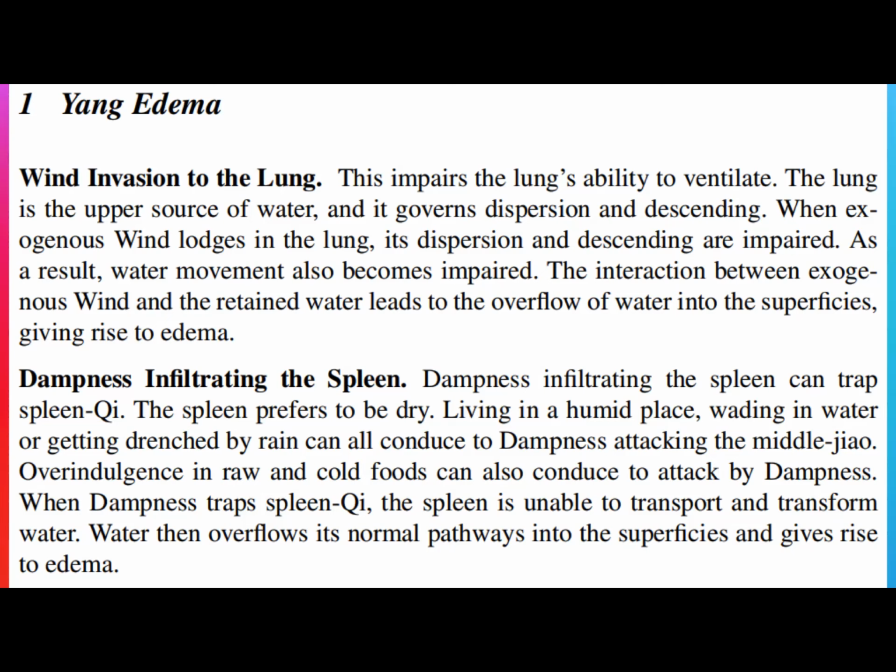Overindulgence in raw and cold foods can also conduce to attack by dampness. When dampness traps spleen chi, the spleen is unable to transport and transform water. Water then overflows its normal pathways into the superficies and gives rise to edema.